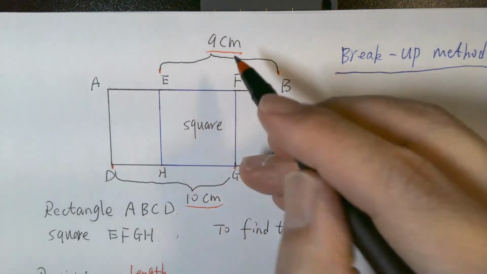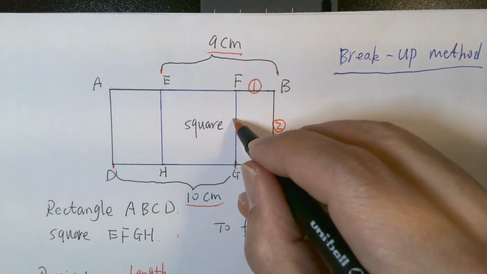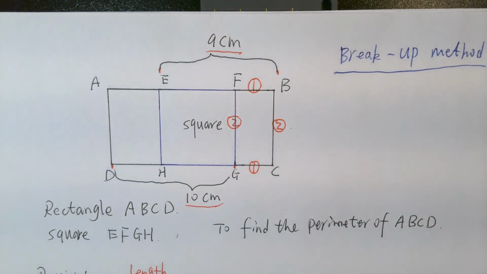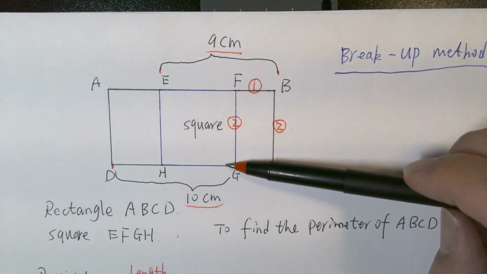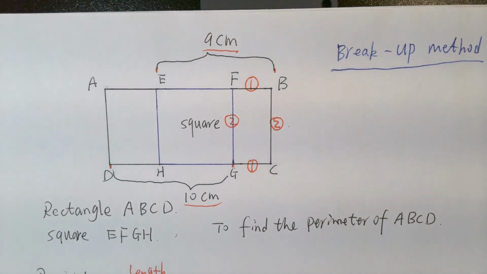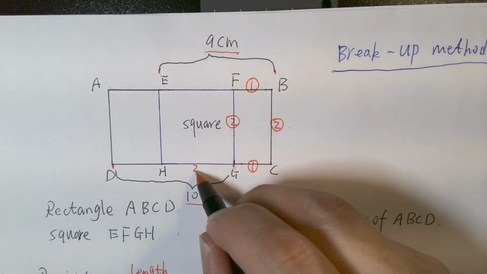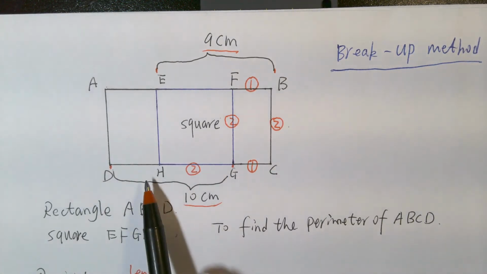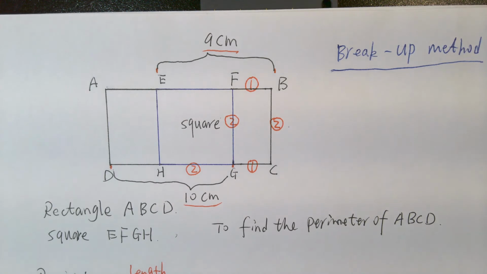So here, from F to G, you have 2. If that is 2, again, for a square, all four sides have the same length, so you also have a length of 2 from H to G, right?